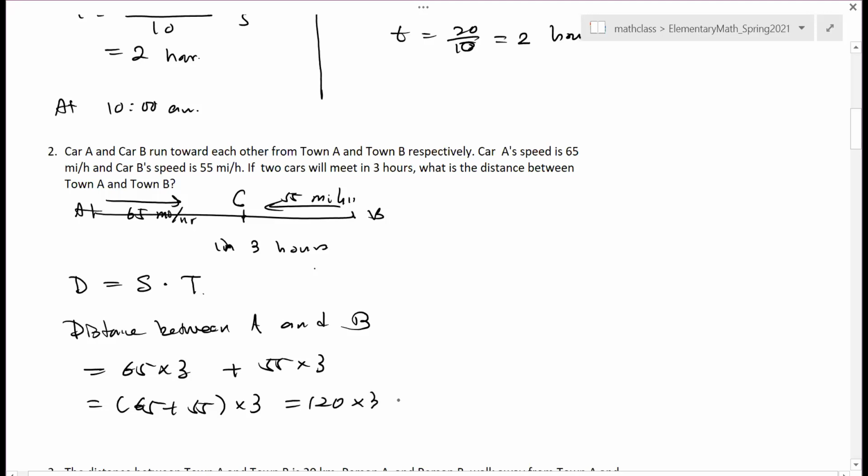Then times 3, it's easy to compute as 360. That is in miles. Multiplication is more complicated than addition, so that's why I do addition first, if possible.